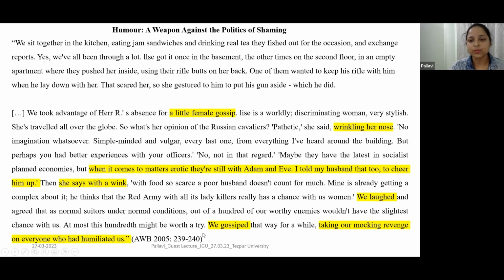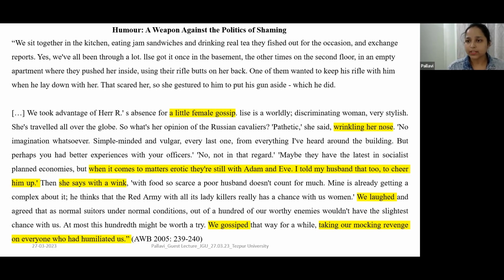She also uses the expression like being gossiped about, and this was her way of taking revenge. If somebody has humiliated us for surviving, then humor is our reaction to them, and this is our way of telling them that we are not humiliated, we are not degraded, our identities are not being fixed around this particular incident.